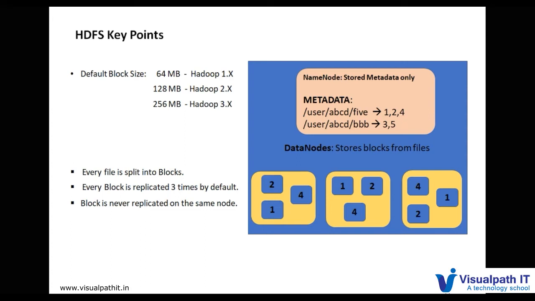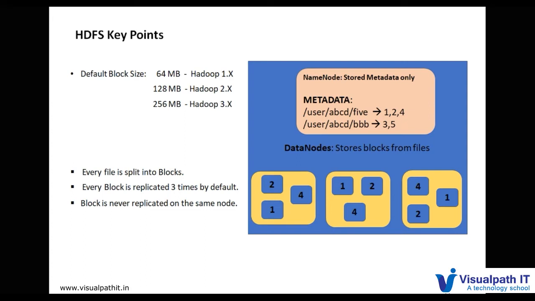Apache. Okay, and also you can see the theory part. Every file is split into blocks. That is mandatory in Hadoop distribution. When you copy a file, every file will be split into pieces. Those pieces are called blocks, and every block is replicated 3 times by default. If you want, you can change the replication factor.